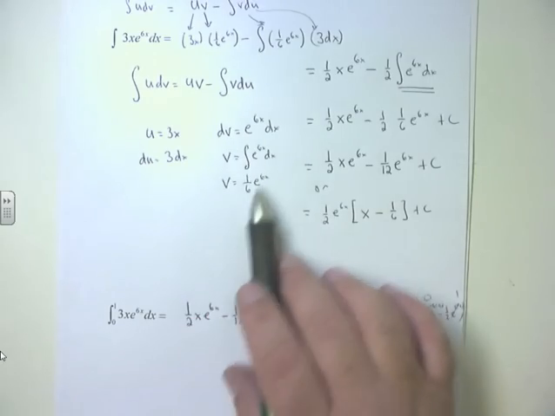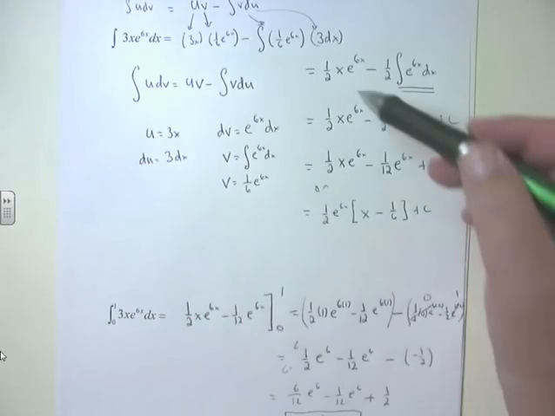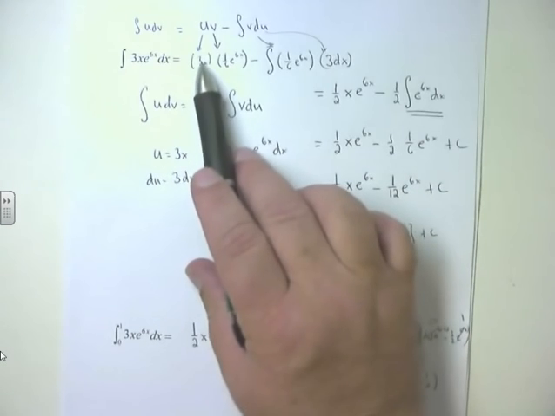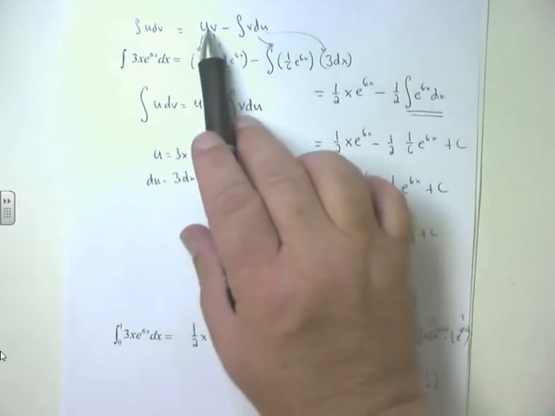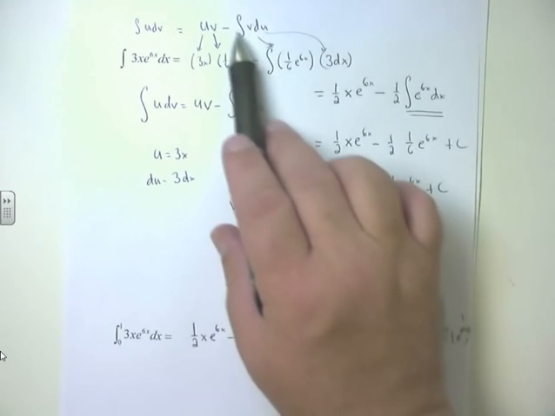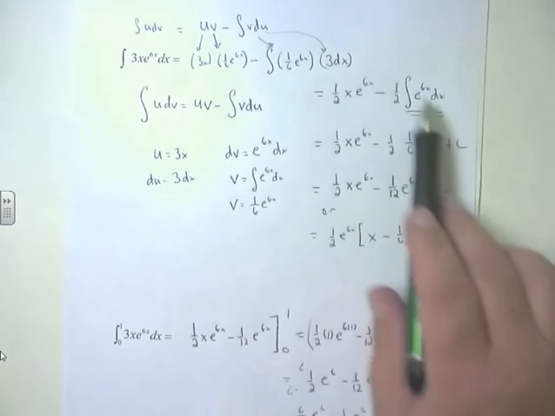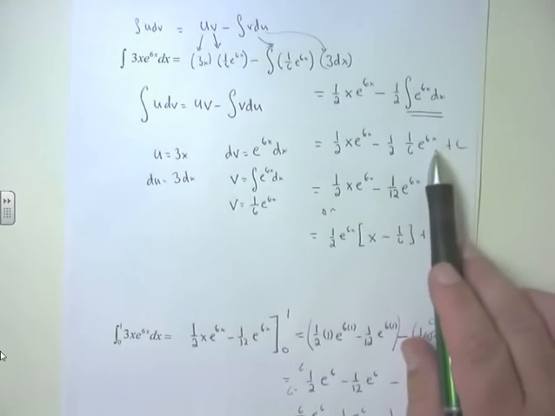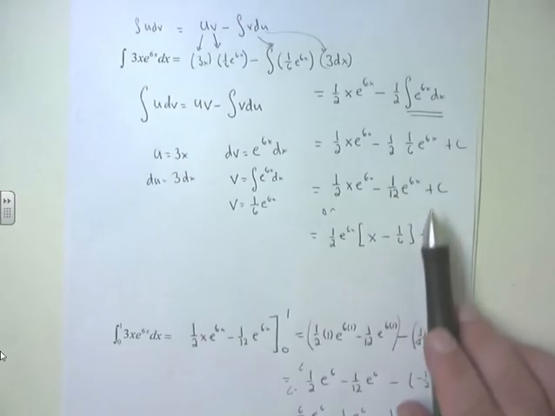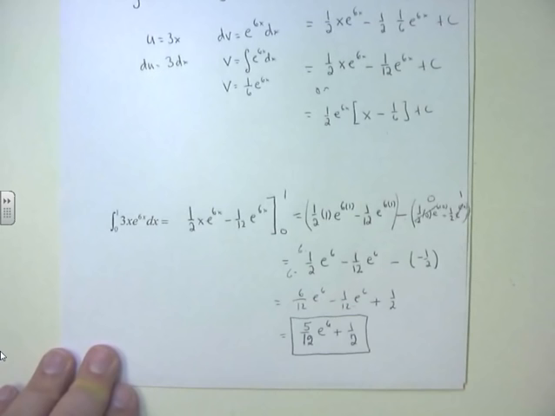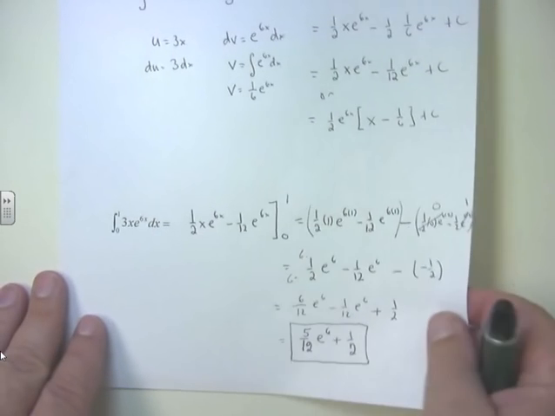When I integrate it, I get 1/6 e to the 6x. I apply my formula. Integral of u dv is u times v minus the integral of v du. I clean them up, and then I integrate the second integral, and then clean up my answer. And when I got bounds, I go back and plug in top minus plug in bottom. So let's do another example.